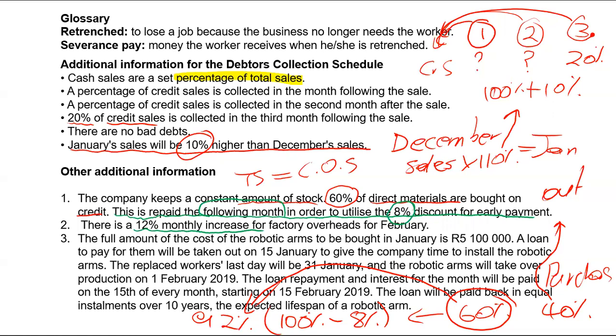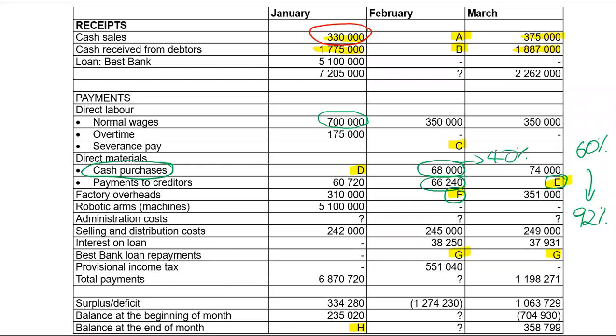Please note that F is simply factory overheads for February. And note that F will be the increased amount of factory overheads.